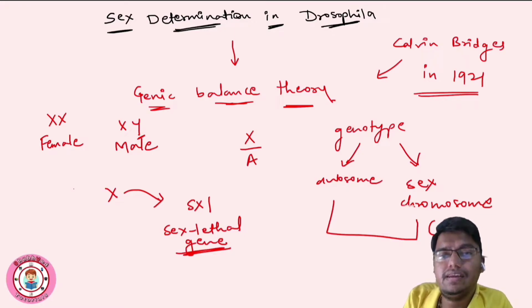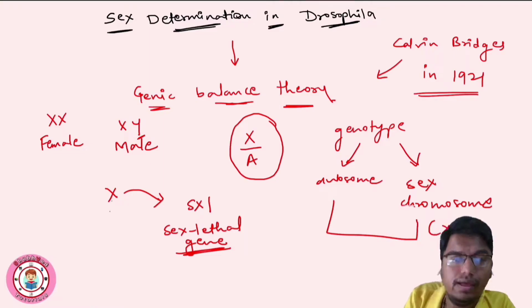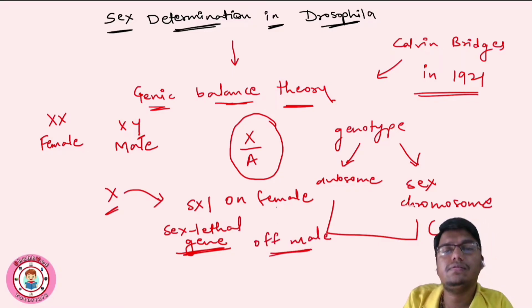This gene is dependent on the ratio of X to A, that is X chromosome to autosome. When this SXL is on, it gives rise to female development, and when it is off, male. So this activity is dependent on the ratio. Got it?